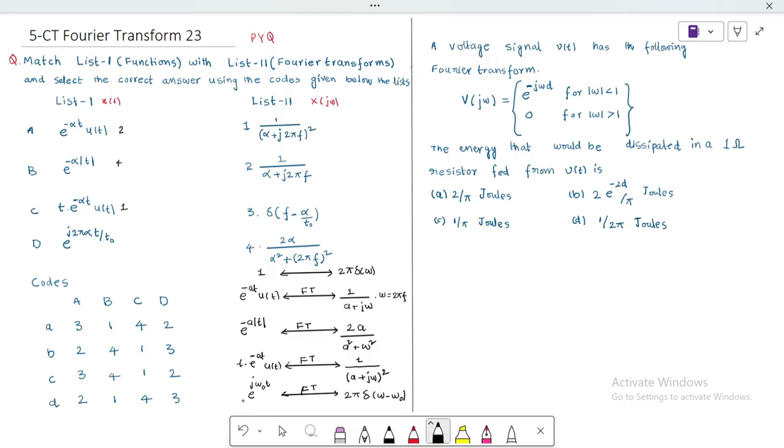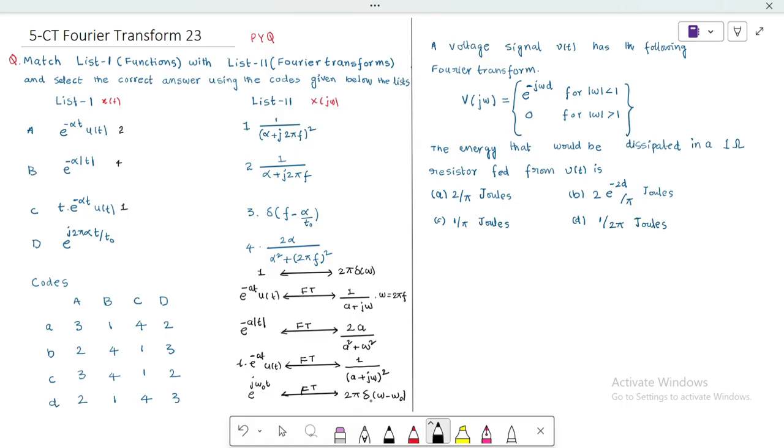See, for the linear frequency we shouldn't take this 2 pi multiplication. Why we shouldn't take this 2 pi? I will tell you later in this video. Actually, we can write the Fourier transform for the angular frequency and the linear frequency also.